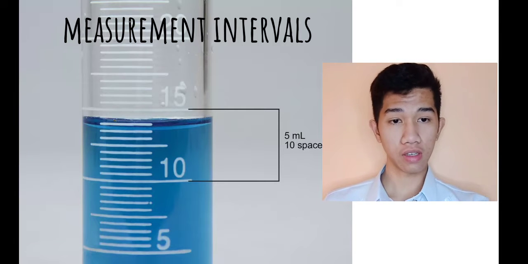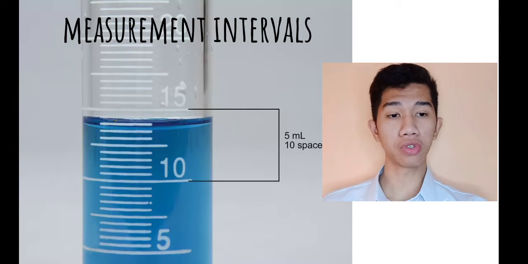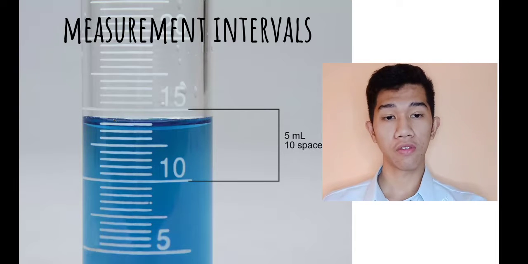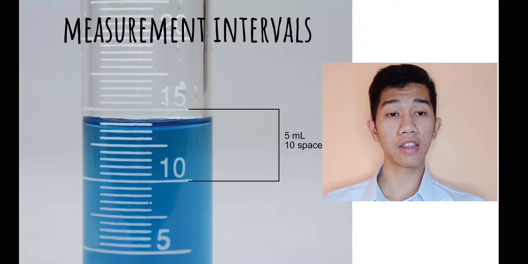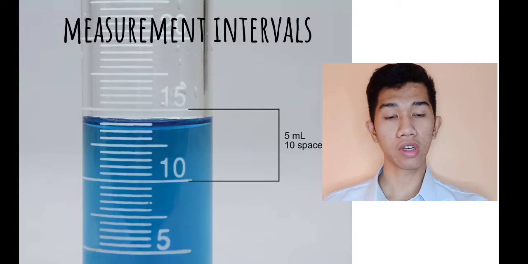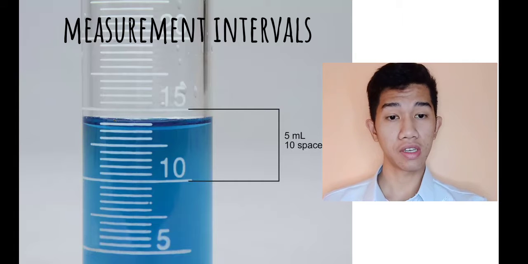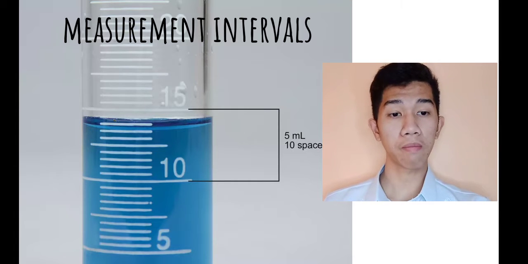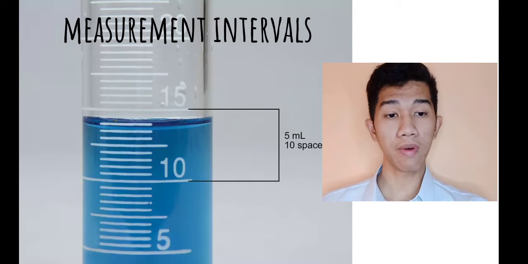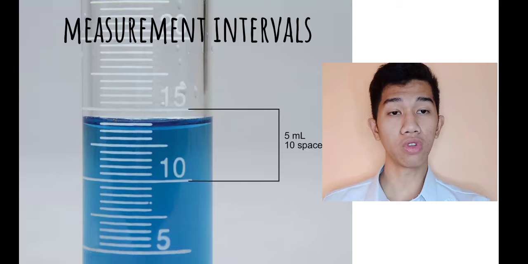Measurement intervals. Count the number of smaller divisions between marked intervals. For example, suppose the marked intervals are 1 ml, 2 ml, and so on, and there are 5 smaller divisions counted from one numbered line to the next. In this case, the measurement interval marked by each line equals the number interval divided by the count from one interval line to the next, or 1/5, which equals 0.2 ml.